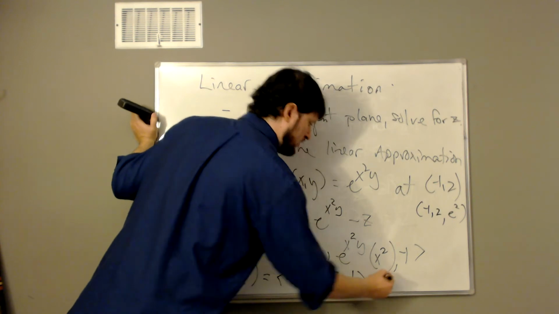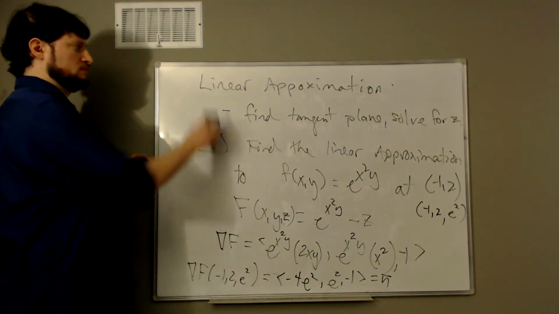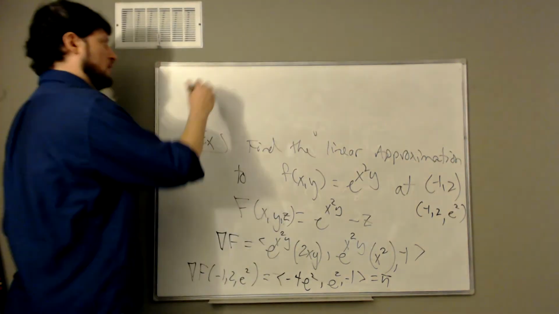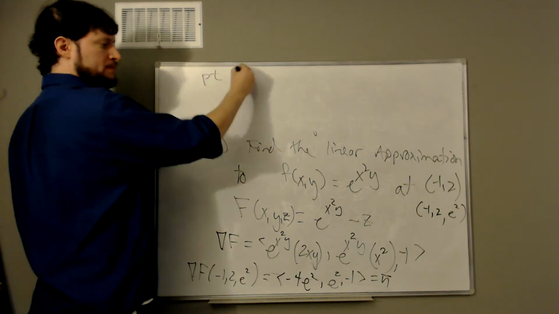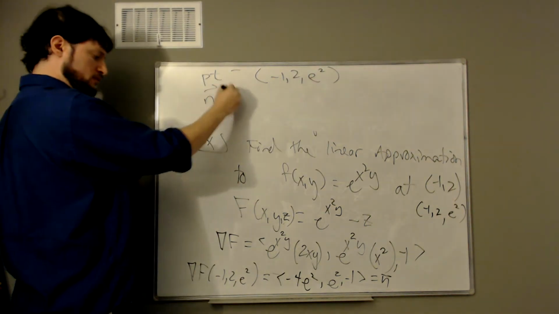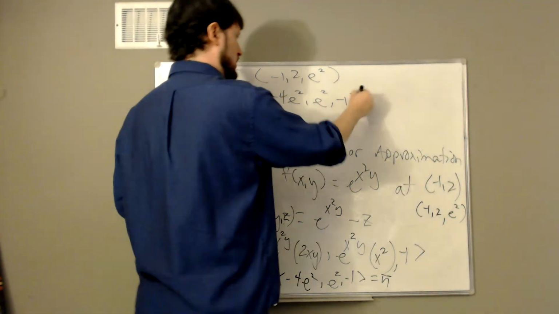And that's the normal vector. So our point is (-1, 2, e²). Our normal vector is (-4e², e², -1).